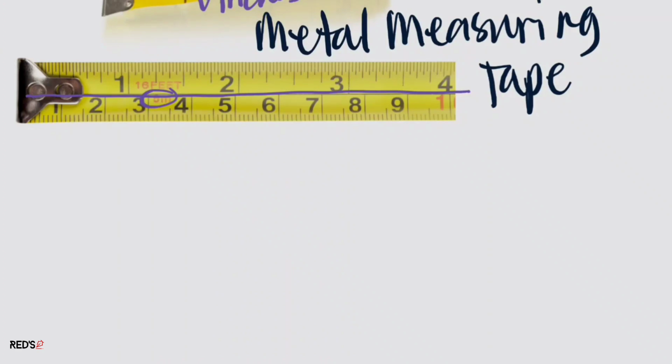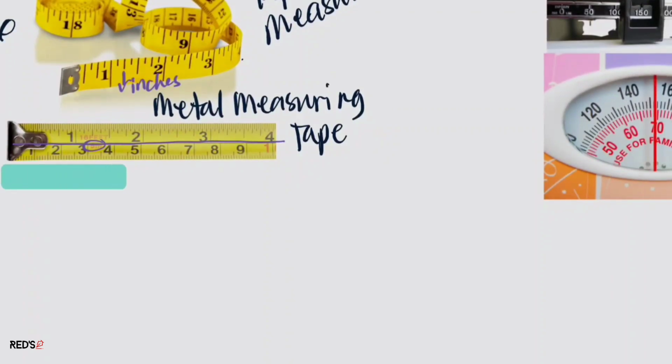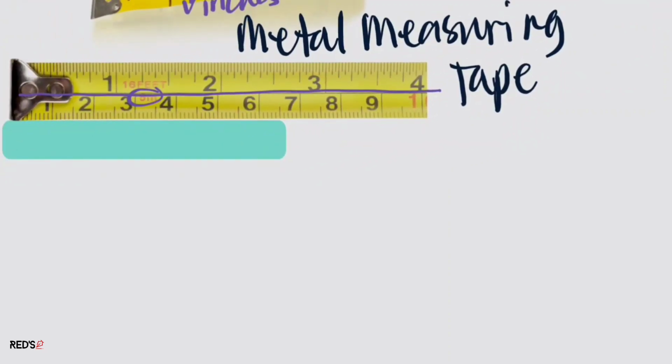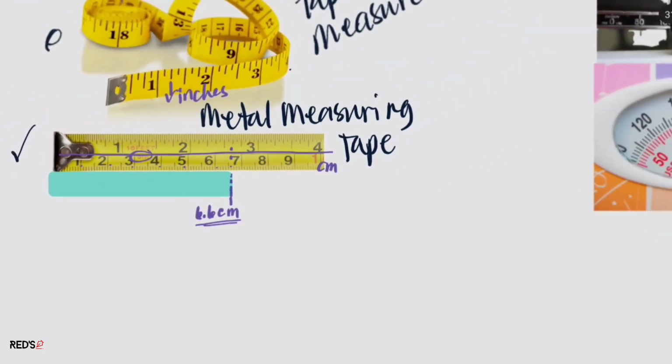So what if we have an object that has a length measured here like so. So our measurement here, if this is in centimeters, that will be 1, 2, 3, 4, 5, 6, and making it as accurate as possible, that is 6.6 centimeters. So that's how you use it.